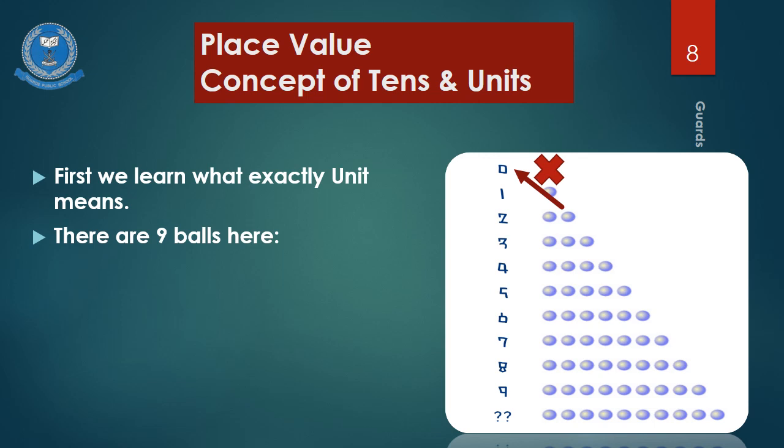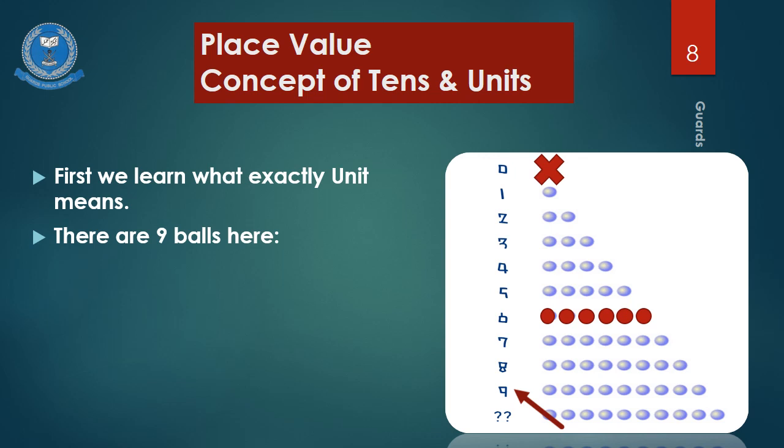Let's move to number 6. Can you count the balls given? It's 1, 2, 3, 4, 5, 6. Yes, the number 6 has 6 balls. Similarly, number 9 has 9 balls.